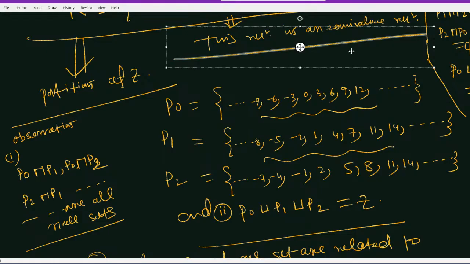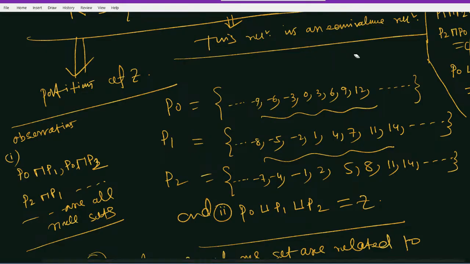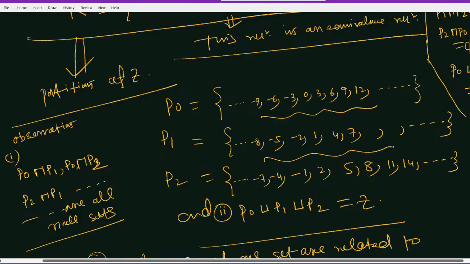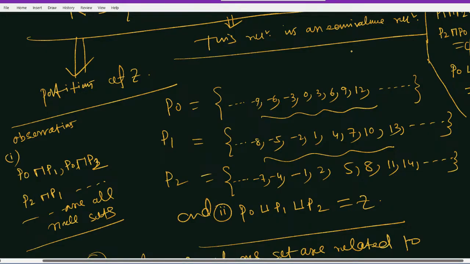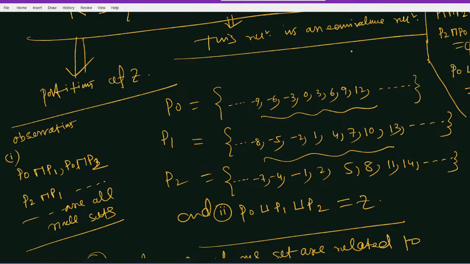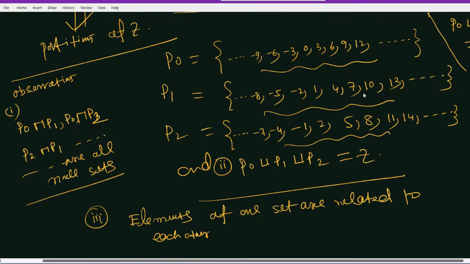Probably I have taken wrong elements here. 1, 4, 7, this I have taken wrong. That's why this will be 10 and 13. You take any two elements from here, they are related, meaning their difference will be divisible by 3. You take any two elements from here, their difference is also divisible by 3. That's why I am telling you elements of one set are related to each other.